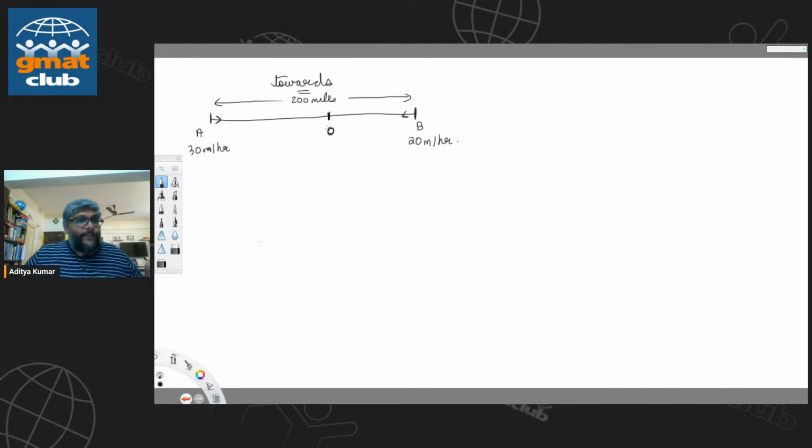Now instead of going ahead and solving the math, let's visualize this journey in intervals of 1 hour each. Now, since both of them are moving simultaneously, A starts moving towards O, B starts moving towards O. So in 1 hour, A would travel 30 miles.